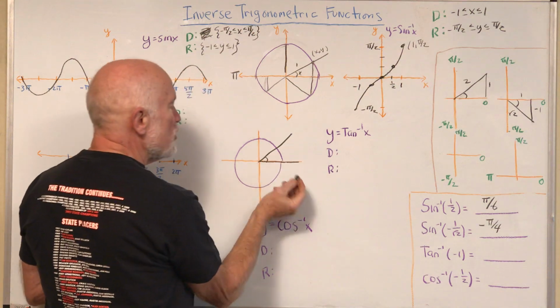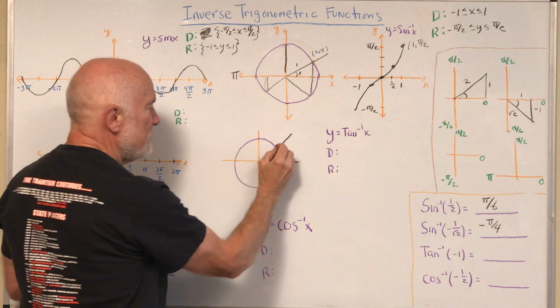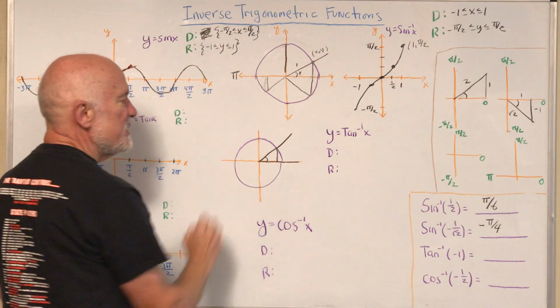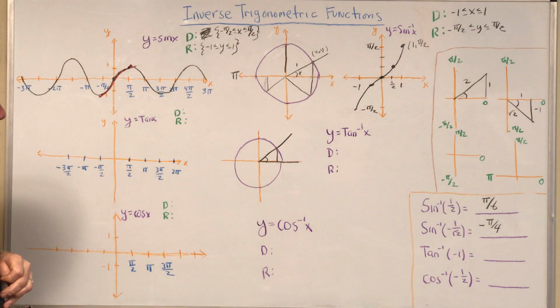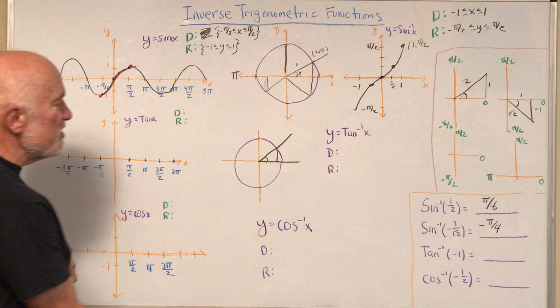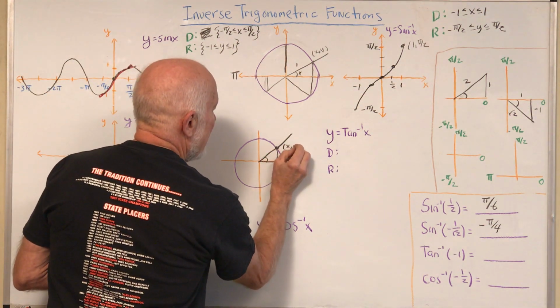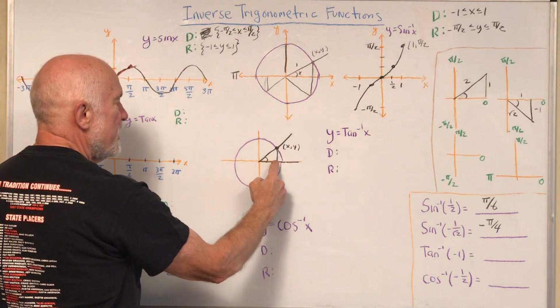But now the ratio, instead of being the opposite over the hypotenuse, is going to be the opposite over the adjacent in that right triangle that you form in that circle. So if you call this point right here (x, y), the ratio is going to be y over x.